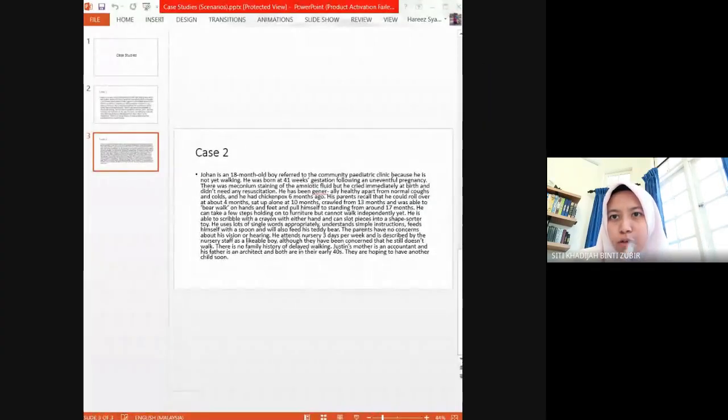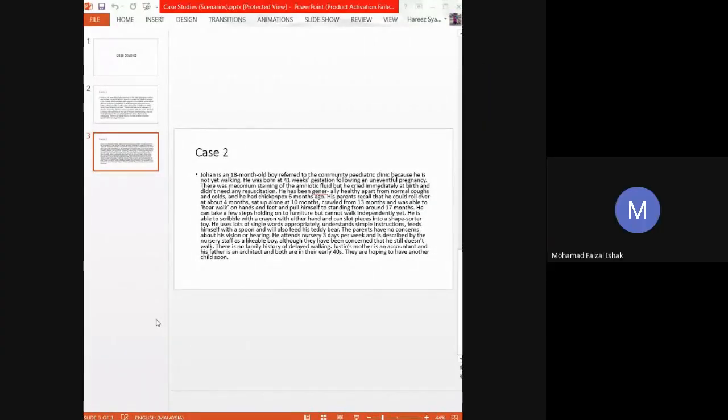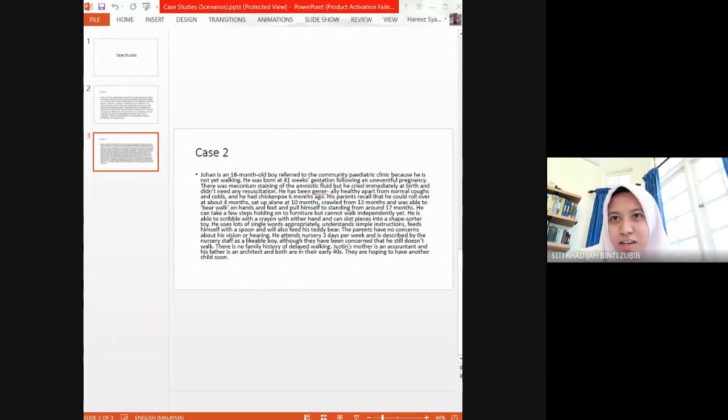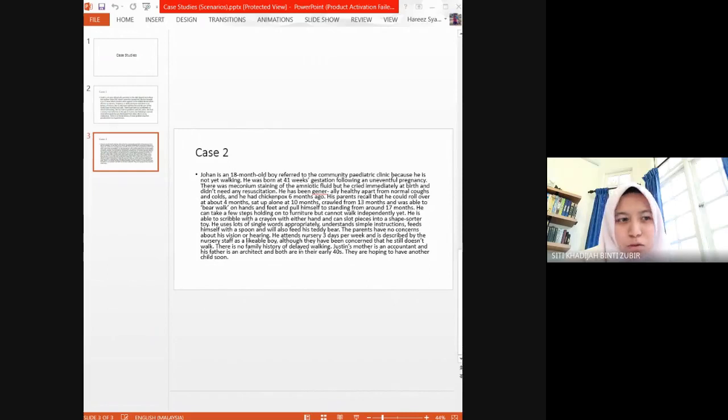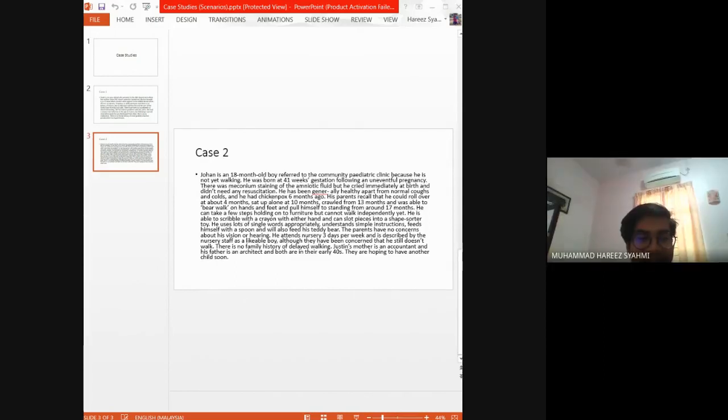Born at 41 weeks, meaning that he is term, or premature? Okay, term. So there is no problem with the prematurity that might cause cerebral palsy, right? Yes.